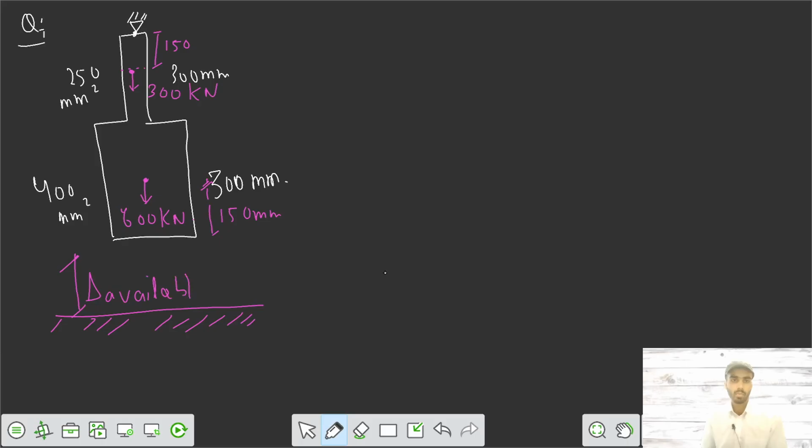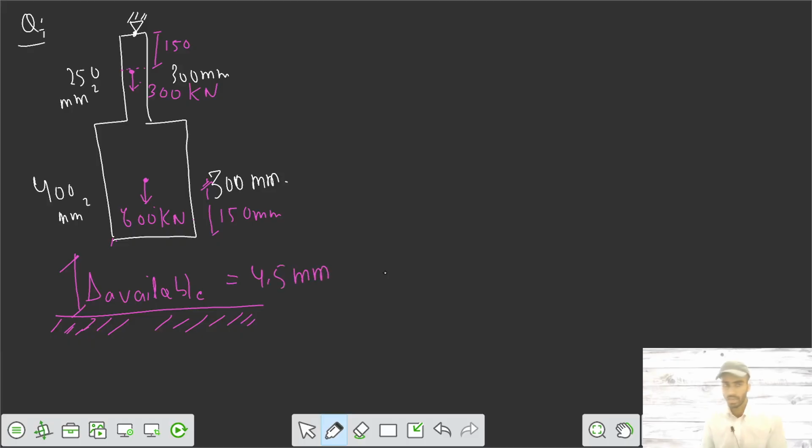Let's say because of these two external tensile forces, it might elongate. We don't know how much it can elongate. If it elongates, but delta available is only this much. Delta available equals 4.5 mm.